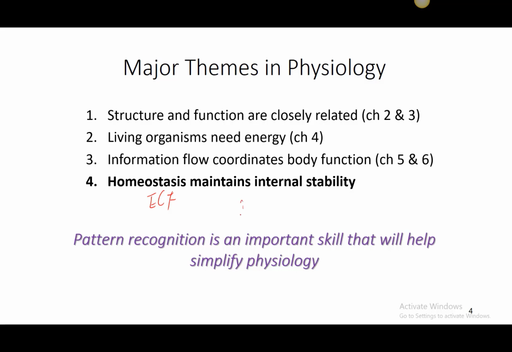Those factors are oxygen, carbon dioxide, glucose, metabolites, hydrogen ions, calcium ions, potassium, magnesium, and temperature. If homeostasis is not maintained, either at the system level or the cellular level, disease or death is the result. In studying physiology, pattern recognition is an important skill.